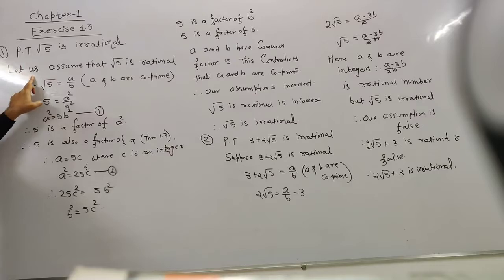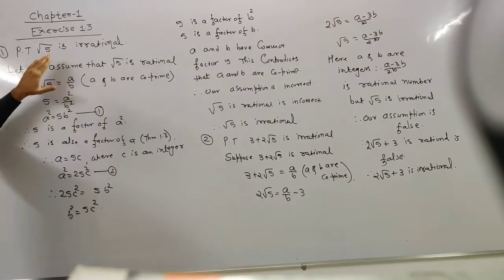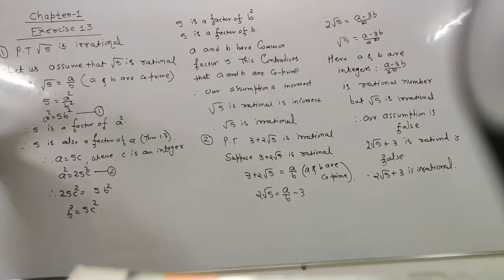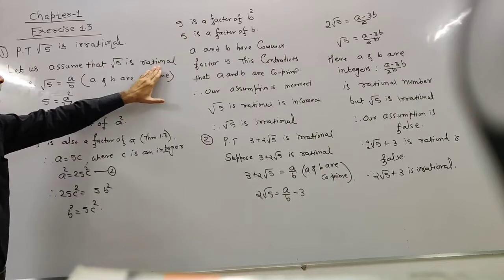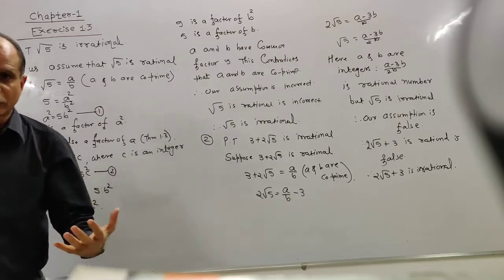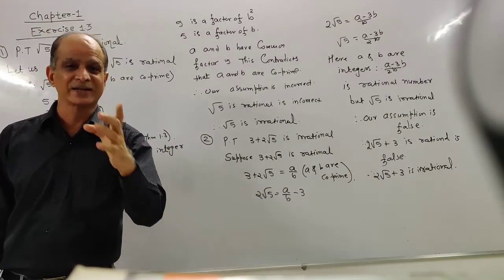So let us assume under root 5 is rational. You have to prove that under root 5 is irrational, but you have to assume that under root 5 is rational. Now you know the definition of a rational number. Any number in the form of p by q is known as a rational number.